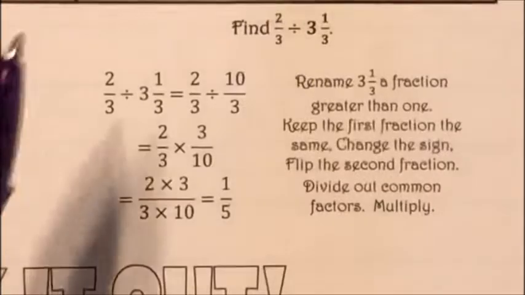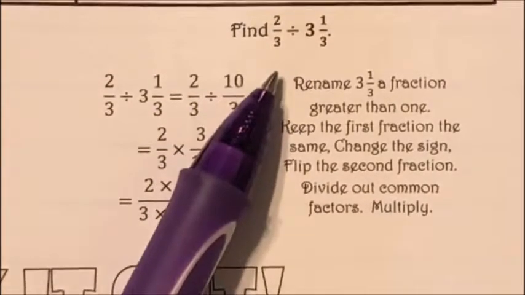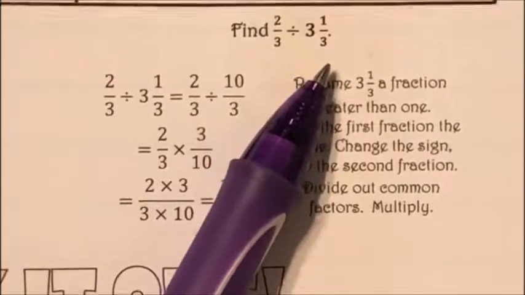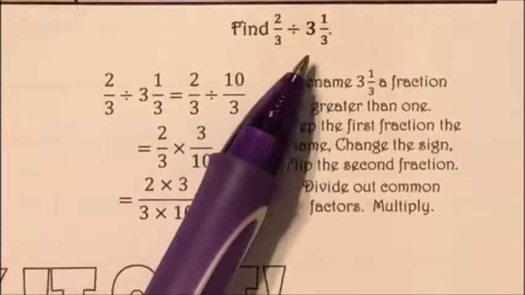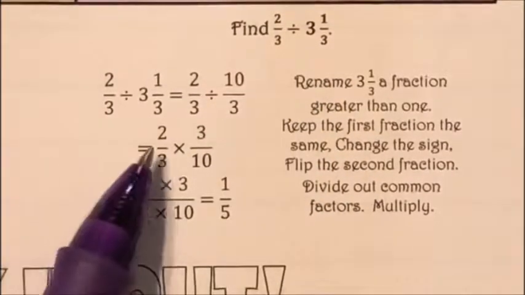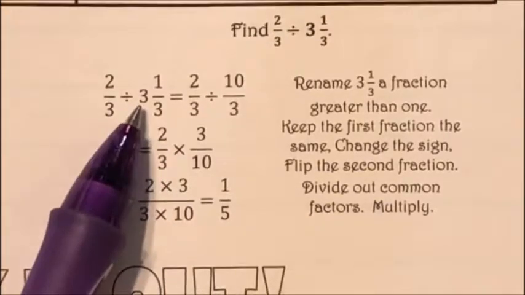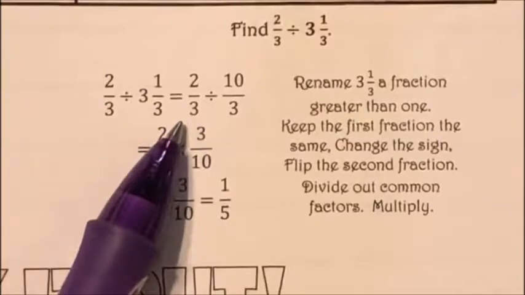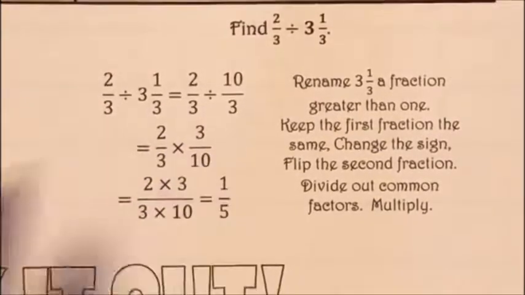The second problem I have to look at, find 2/3 divided by 3 1/3. I'm going to rename 3 1/3 so that it's an improper fraction. 3 times 3 becomes 9, plus 1 is 10, so 10/3. So 2/3 divided by 10/3.